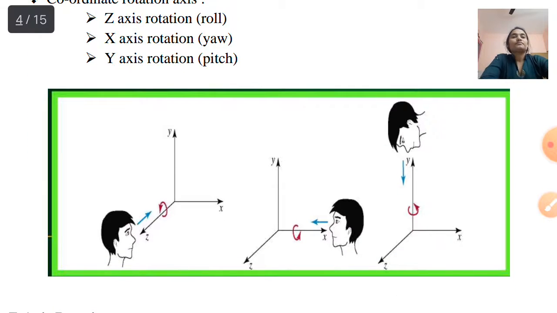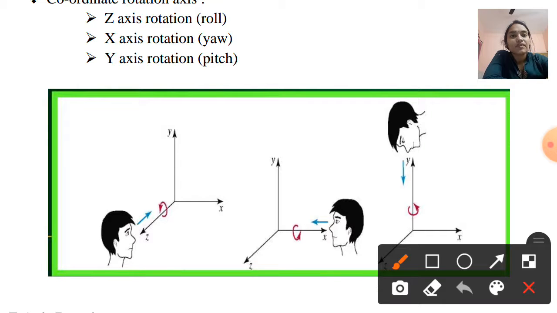So here we also read what the left hand coordinate system looks like, and what the right hand coordinate system looks like. Here the first figure is the z axis rotation, this one is our x axis rotation and this one is our y axis rotation.